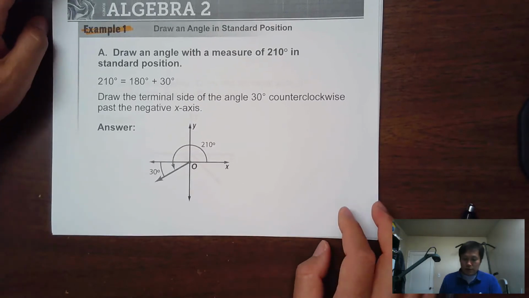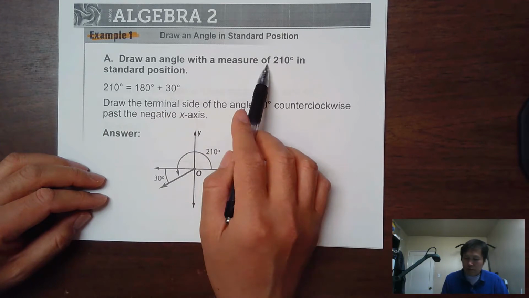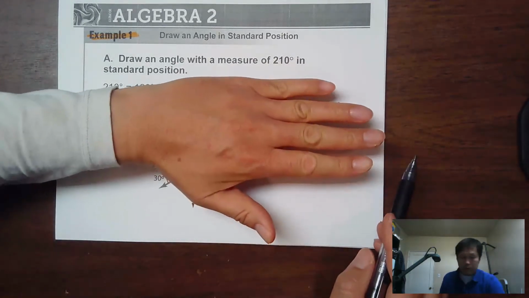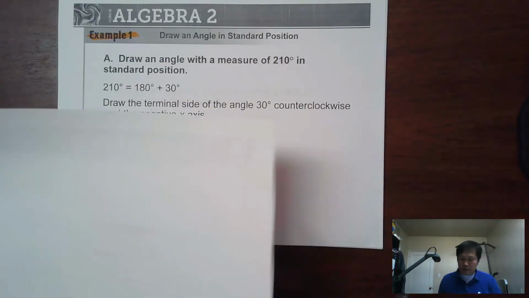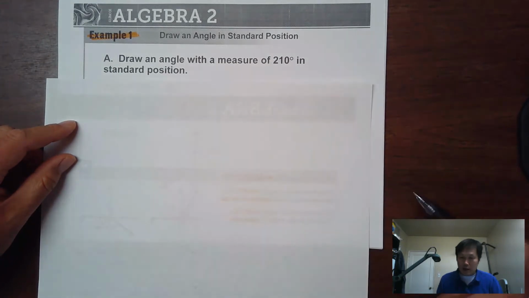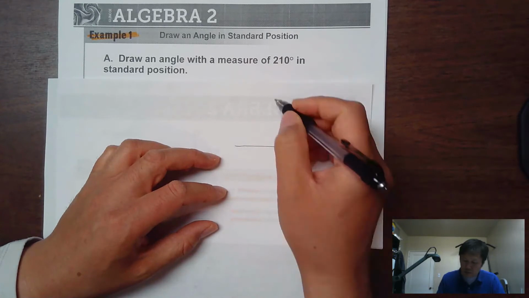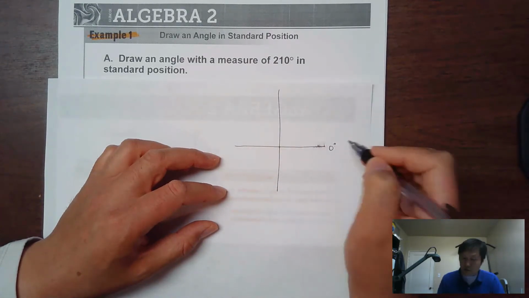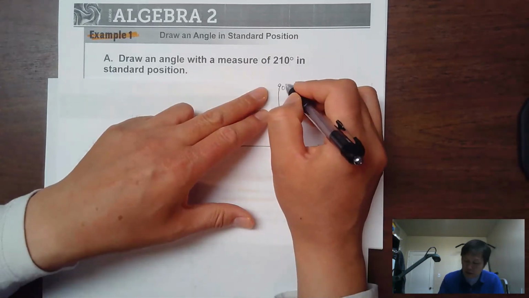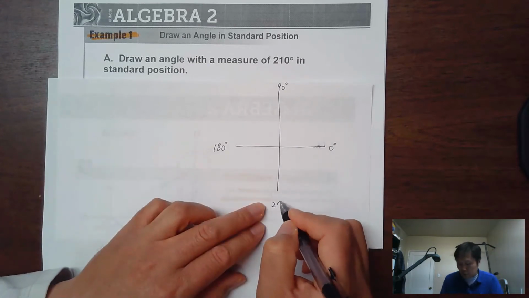So a question will be something like this: draw an angle with a measure of 210 degrees in standard position. You're not going to have any of those available. So 210 degrees plotted, that will be the question. What you can do is start from 0 degrees, positive, you go counterclockwise. 90 degrees here, more, 180 degrees here, more, that's 270 degrees.